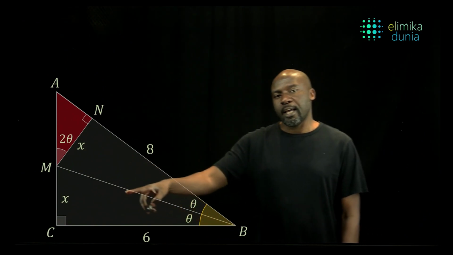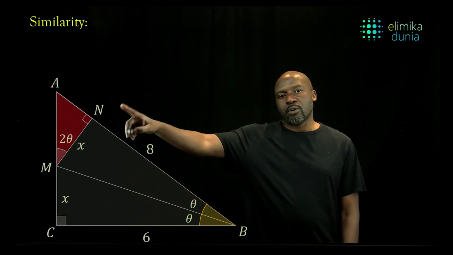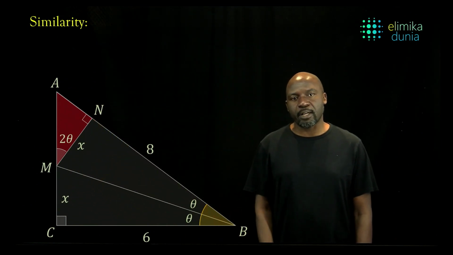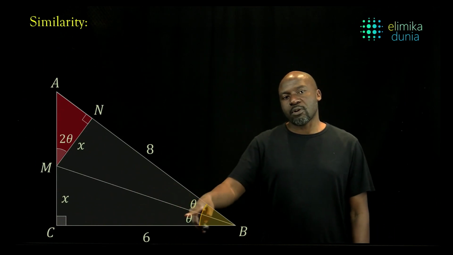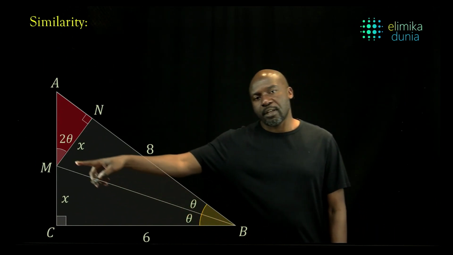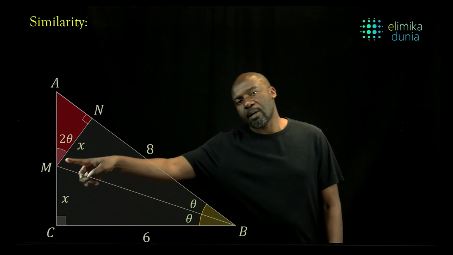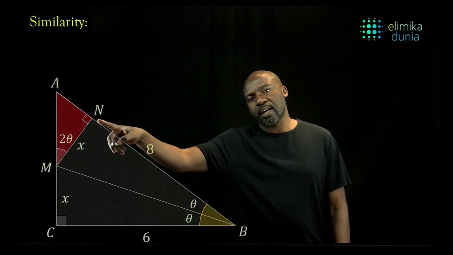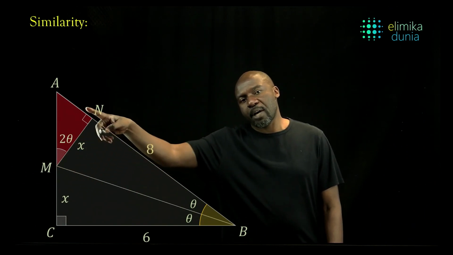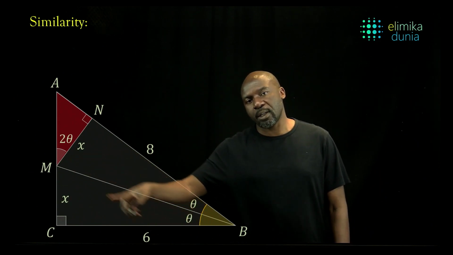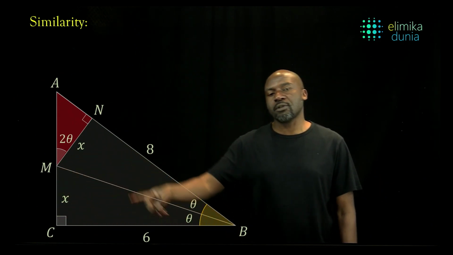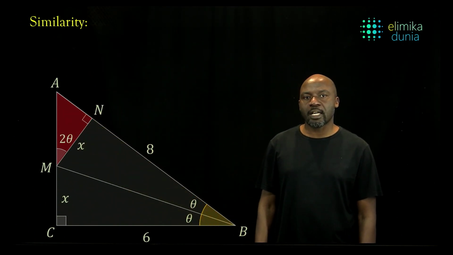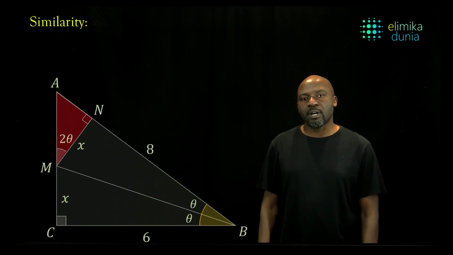And therefore, because these two angles are equal, and this is 90 degrees here, if I join a perpendicular to line AB, that angle being 90 degrees will ensure that triangle MNB must be the same as triangle MCB. And because of that, that triangle must be similar to the large triangle ABC. That is the trick about this question.